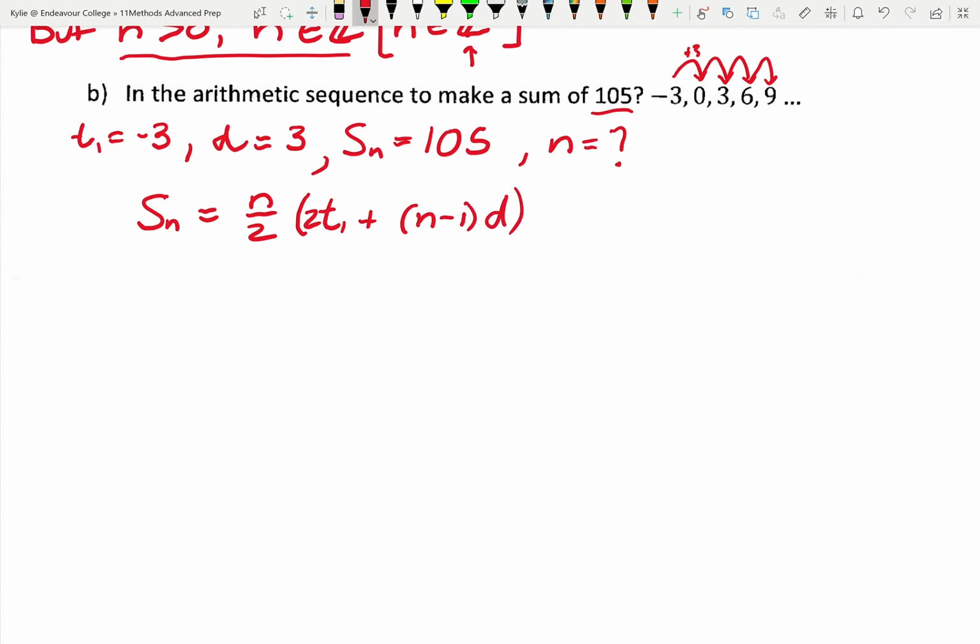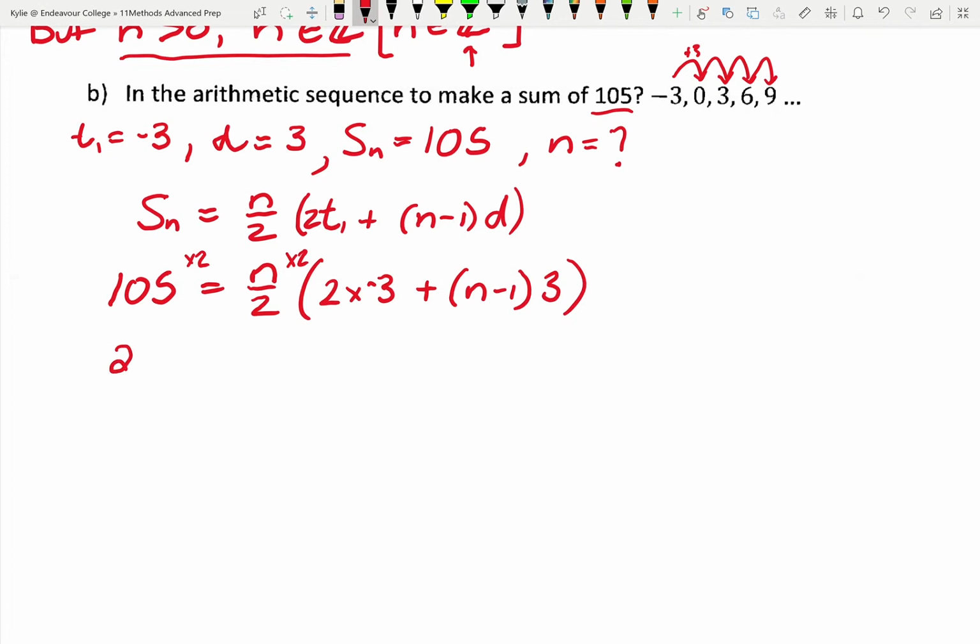So sum to n terms is 105. N we don't know. 2 lots of t1, which is negative 3, plus n minus 1 lots of d, which is 3. Multiply by 2 to get rid of that 2, and we've got 210 equals n outside of 2 times 3 is negative 6, plus 3n minus 3, which gives us 210 equals n.